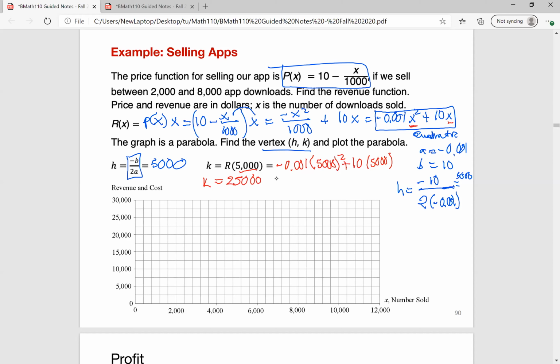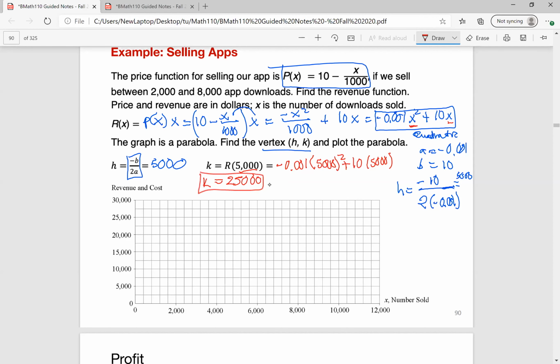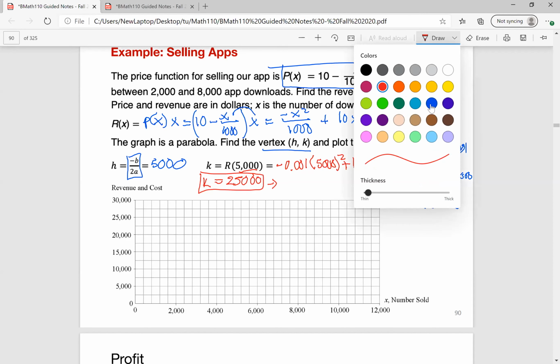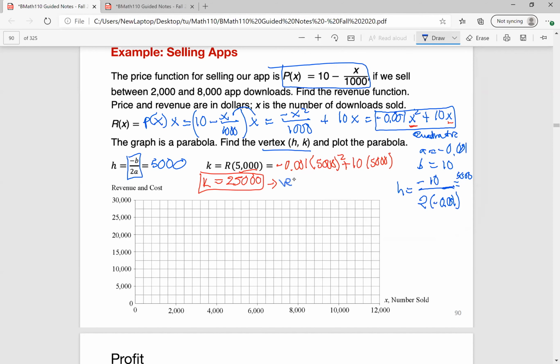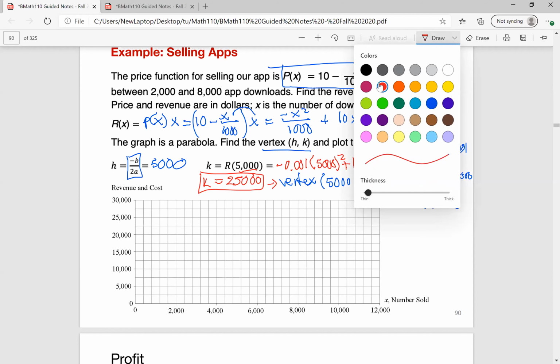Okay, so then the vertex should be in the form as the ordered pair (5,000, 25,000). Let me circle this.